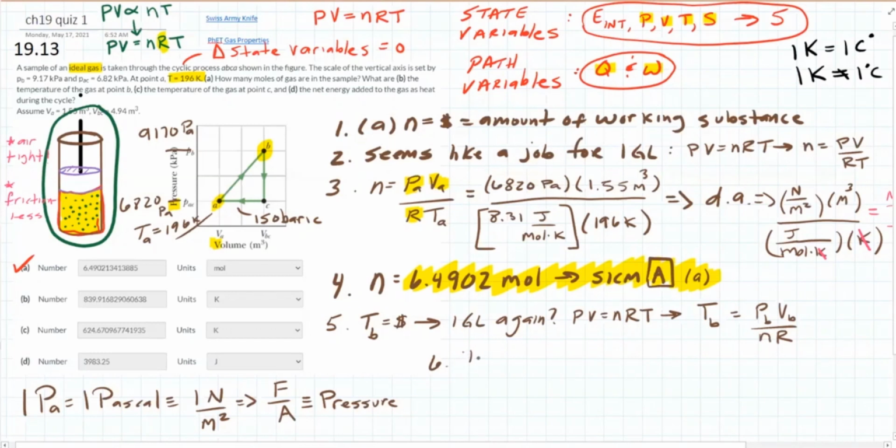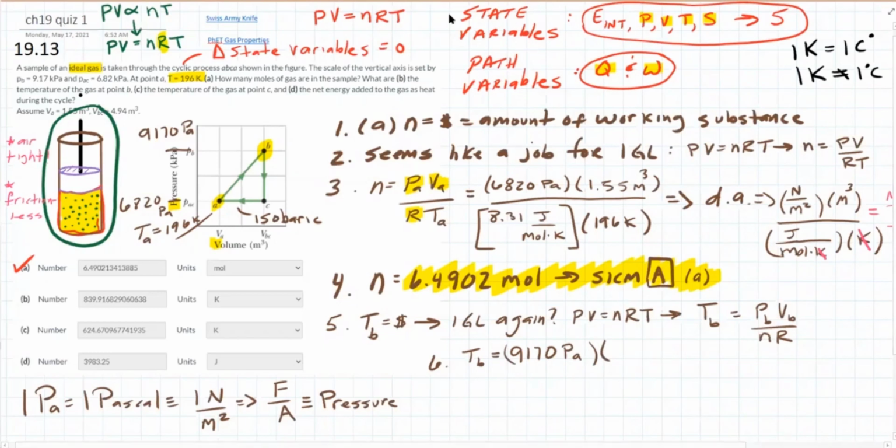The temperature at B is going to equal the pressure at B. The pressure at B is given to us as 9170. My number's not yours. Pascals. So there is P. Here's V. What's the volume at B?